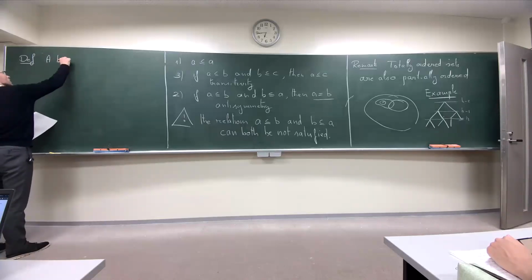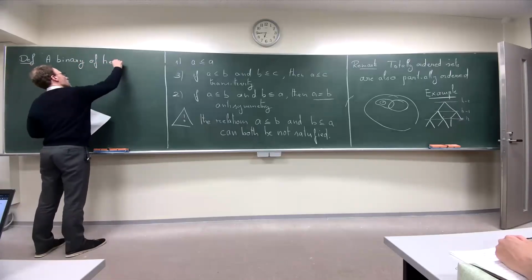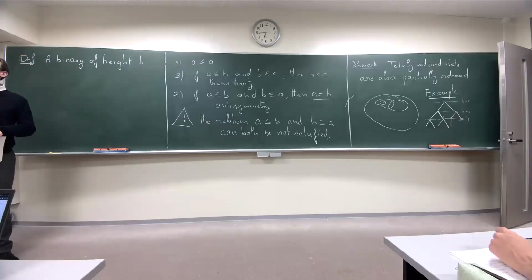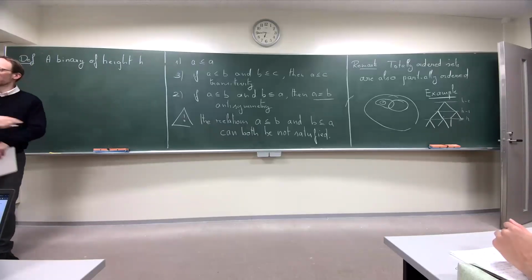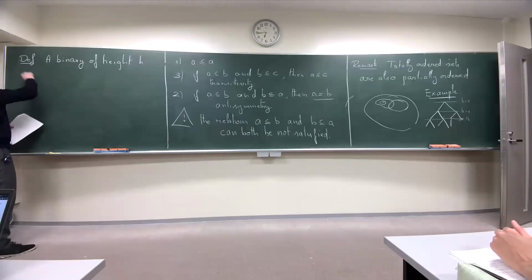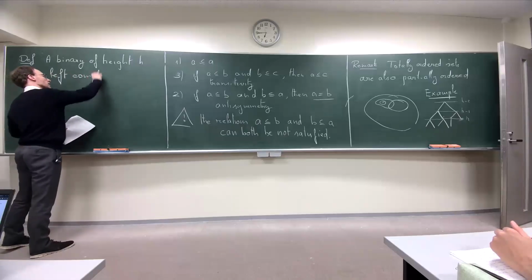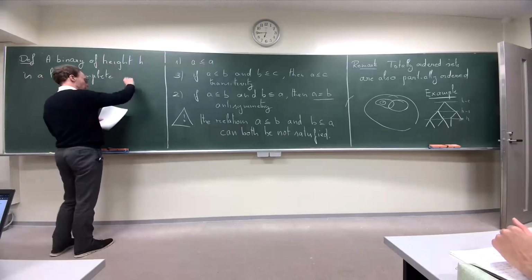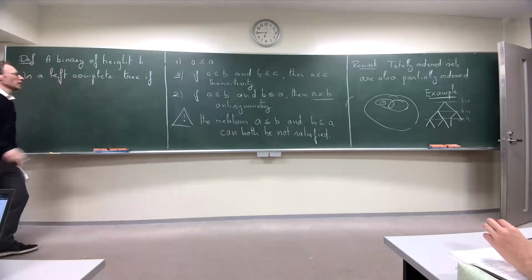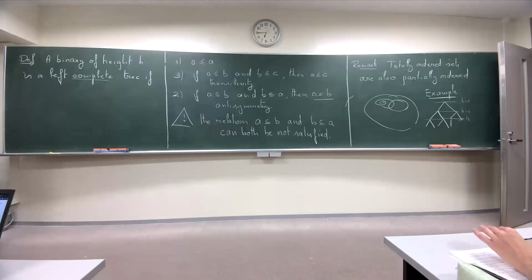A binary tree of height H, remember, this is the distance between the root and the leaves, so I have a distance H, is left complete if there are three conditions. Before we had the notion of complete, which means everybody has the same number of children.